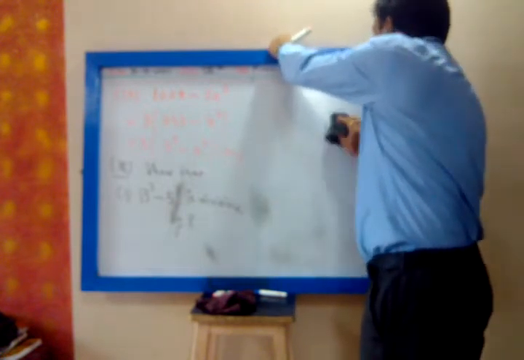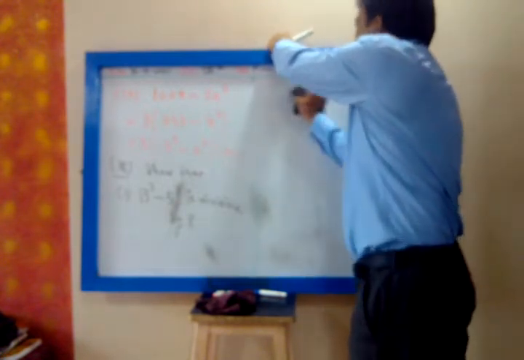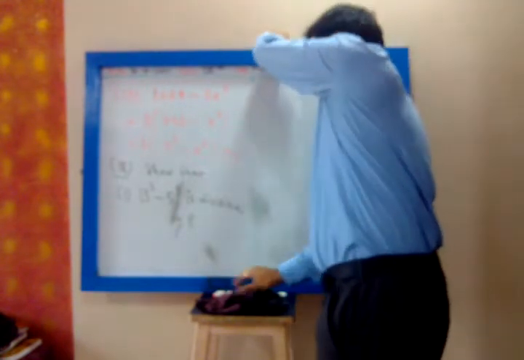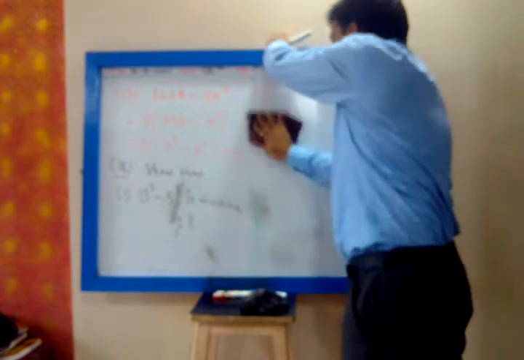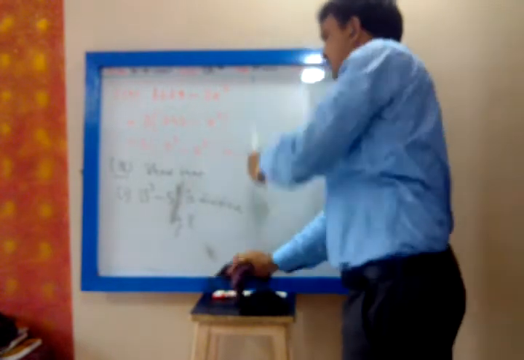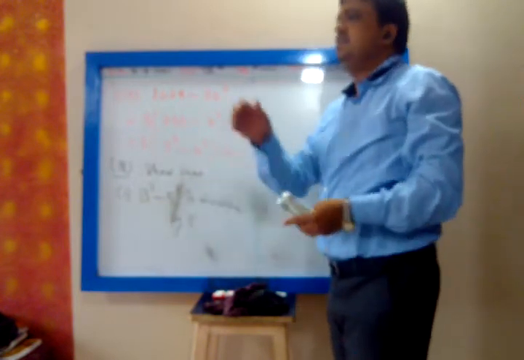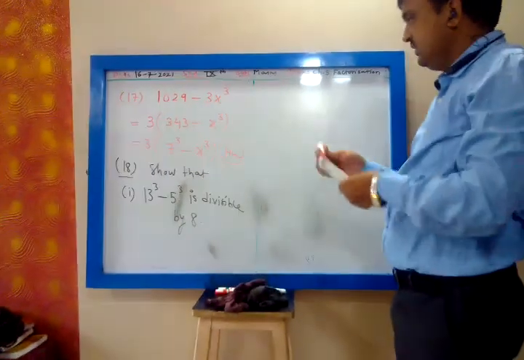They find 13 cube, they find 5 cube, they simplify and then they show that it is divisible by 8. It is wrong. You have learned the expansion. Don't find 13 cube and 5 cube and simplify. No, don't do like that.